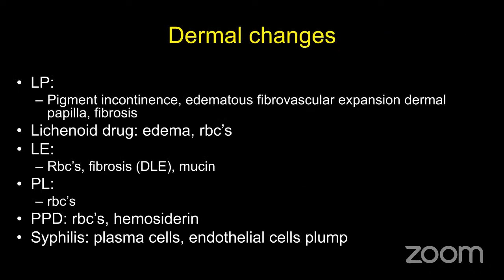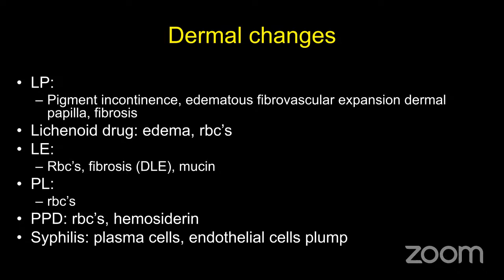Looking at the dermis, marked pigment incontinence is classic for LP. Sometimes you can have the edematous fibrovascular expansion or that sort of regressive change beneath the epidermis with the chronic presentations, especially when you have some atrophy there. Lichenoid drug: edema, red blood cells, eosinophils, which I didn't include there.